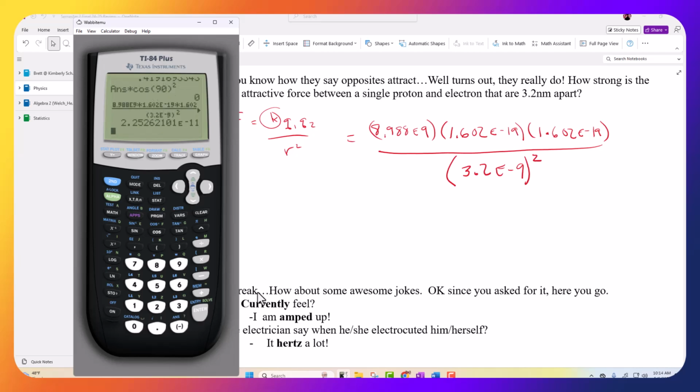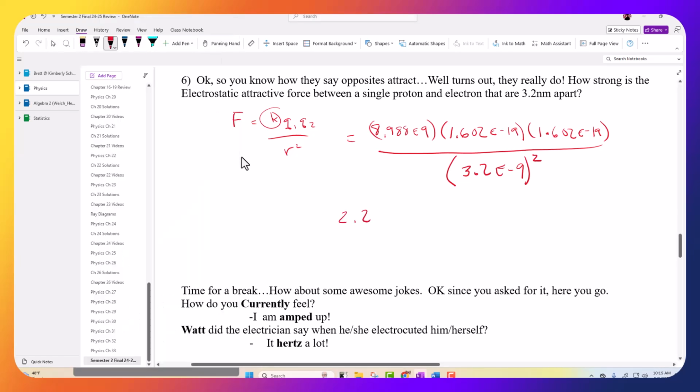Don't forget to square. And I get 2.25 E negative 11. 2.25 E negative 11. And the unit should be newtons because it is a force. That's a pretty small force, but remember, electrons and protons are babies.